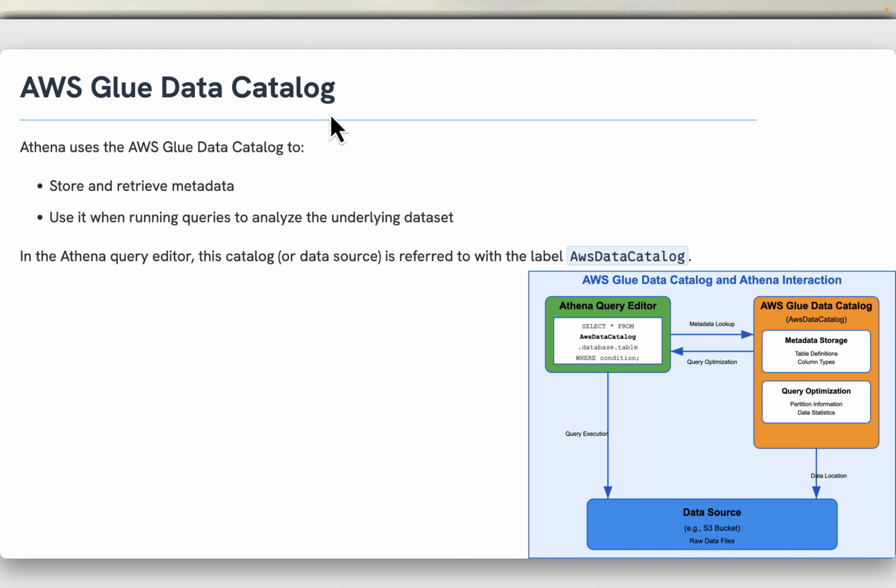The Glue Data Catalog is the whole metadata base. At the highest level, the catalog name is known as AWS Data Catalog, and inside that it will have databases and tables, all stored inside that Glue Data Catalog. So first it will do a metadata lookup and query optimization, and then a query execution from the S3 bucket or the raw data files.